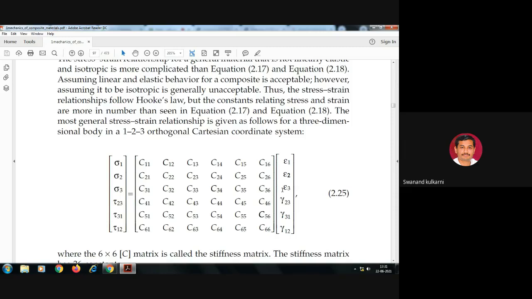Now see that whenever we consider a simple isotropic material, we always consider four elastic constants: E, mu, G, K. E is the Young's modulus, mu is Poisson's ratio, G is the shear modulus, and K is the bulk modulus.